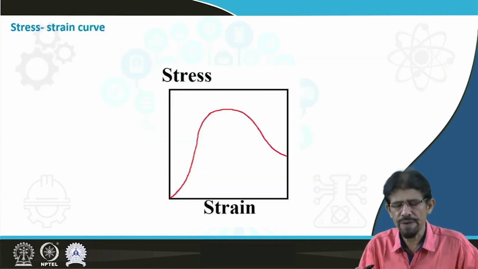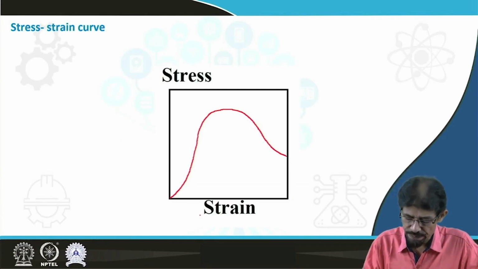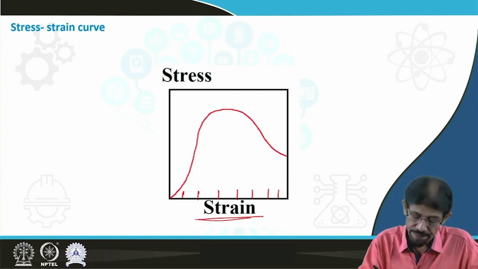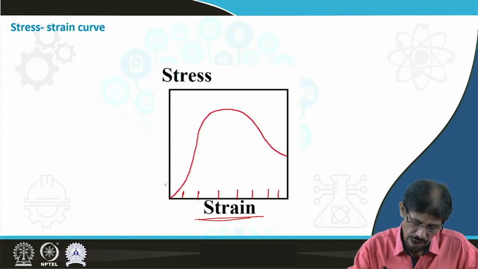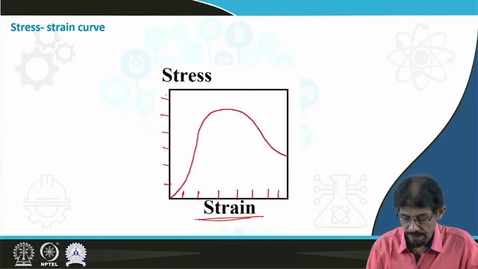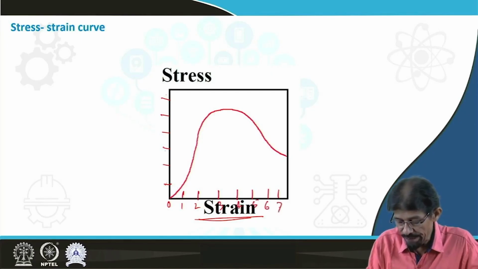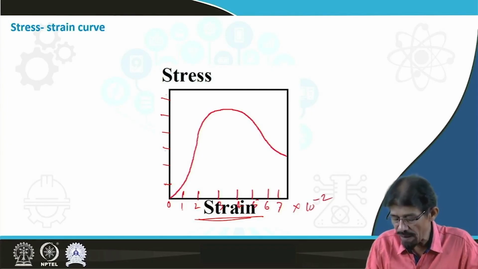Next type, if we are going to see the stress and strain, here if we are going to plot strain and here if we are going to plot stress, 0, 1, 2, 3, 4, 5, 6, 7 and all multiplied individually by 10 to the power minus 2 or minus 4.